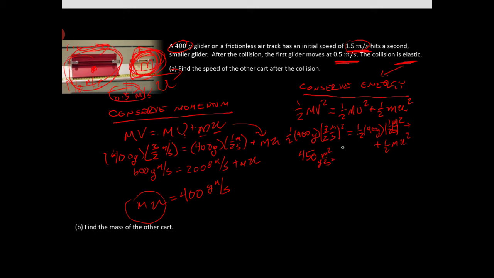Squaring both of those is equal to 1/2 times 1/4 times 400, which is 1/2 of 100, which is 50 grams meters squared per second squared.